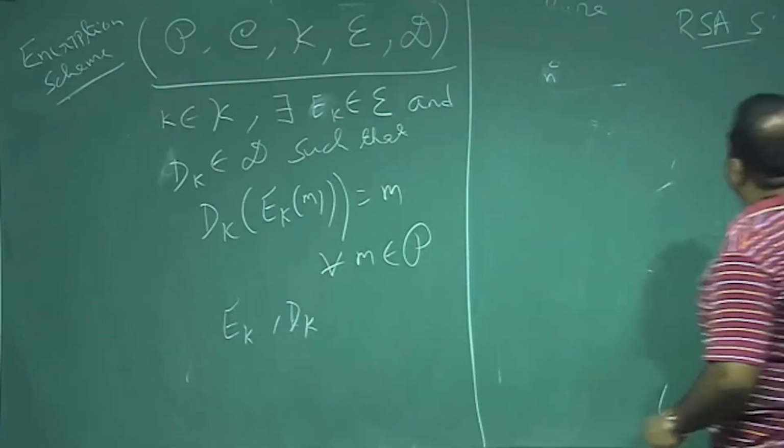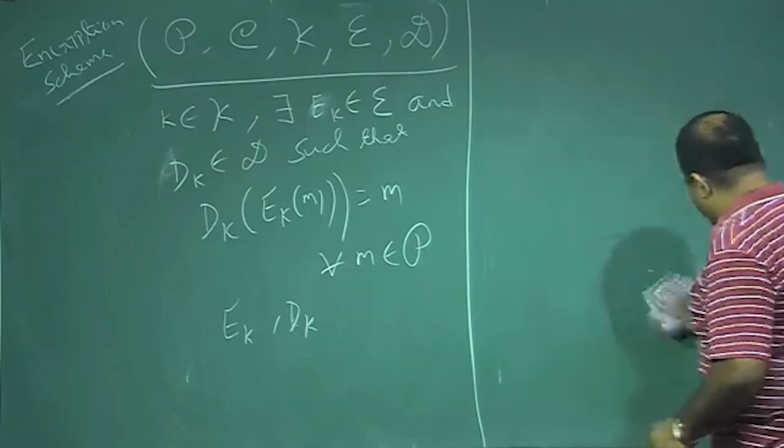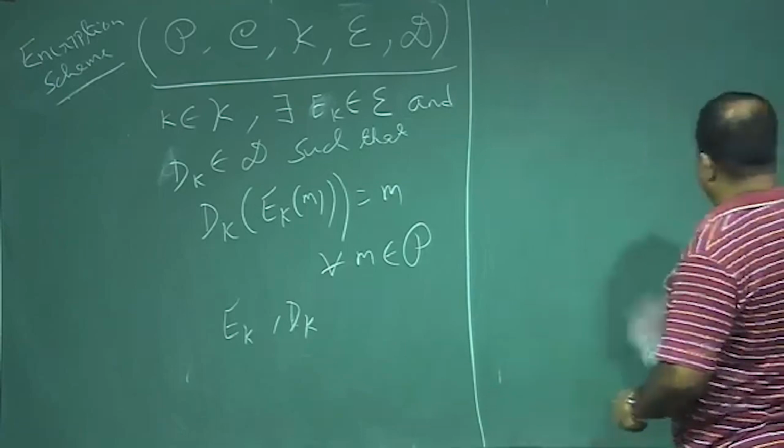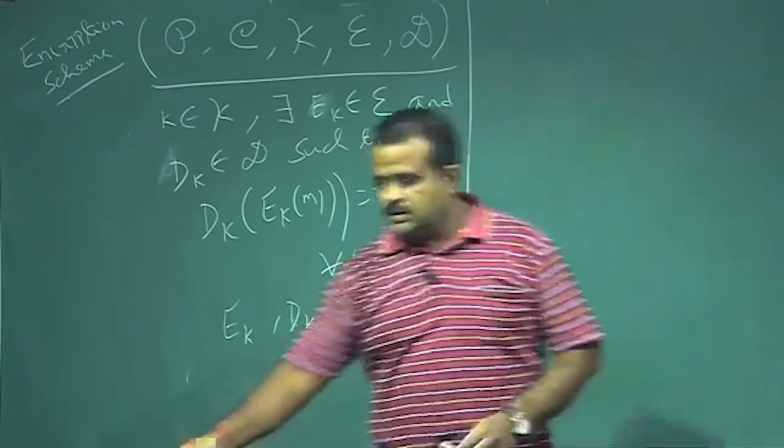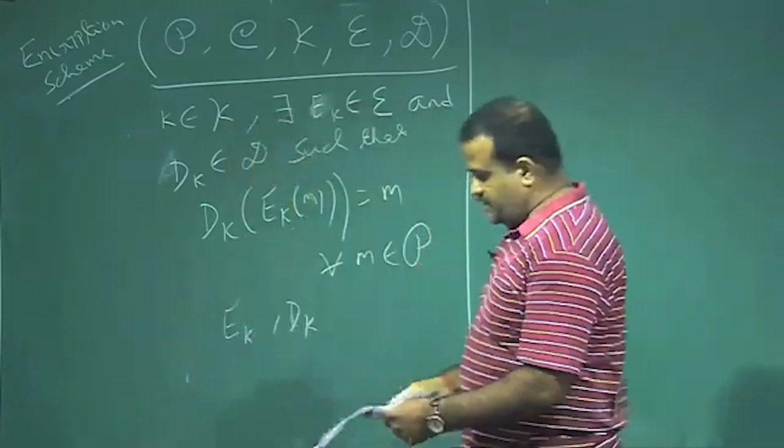On the other hand, a signature scheme is also a 5 tuple.